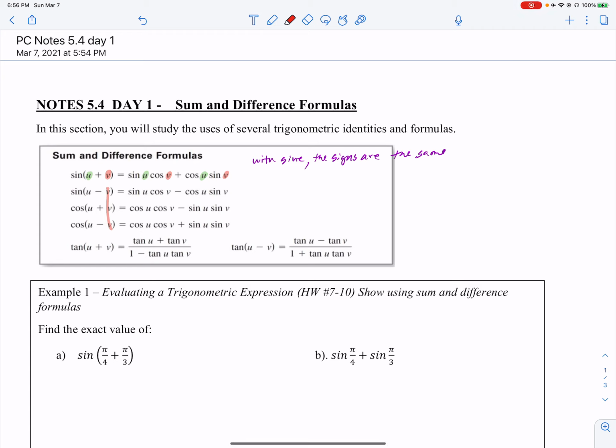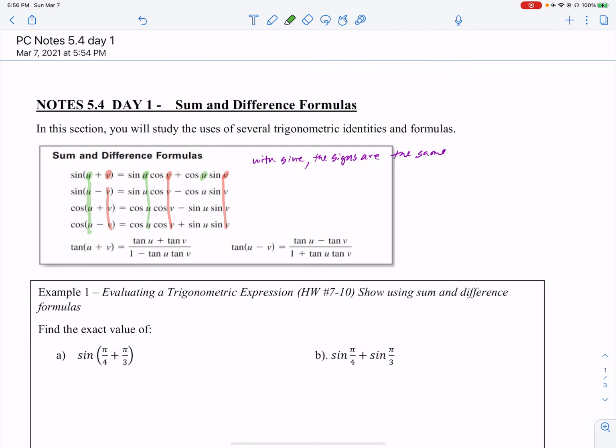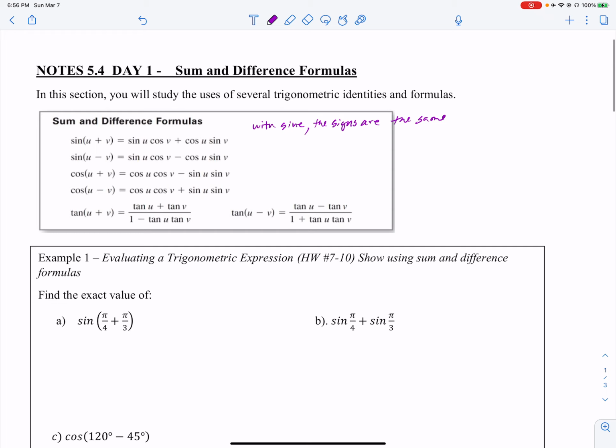Notice all the way down, that second one we're putting in V for sine and cosine, sum and difference, while all the way down, we're putting that first angle in that first slot. Just trying to have you see some patterns, because in a normal year, you would have to have these memorized. You would not have this to rely on like you do this year with notes.